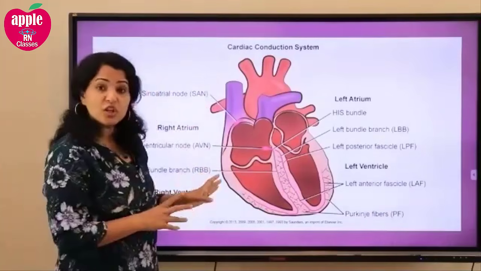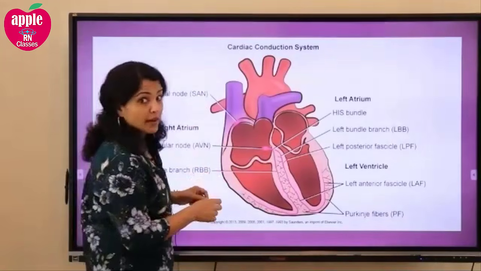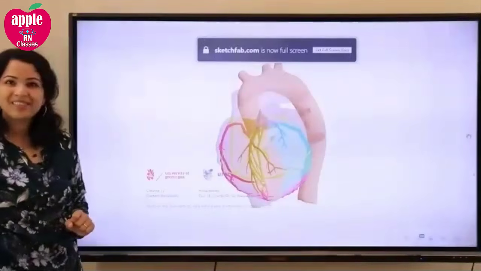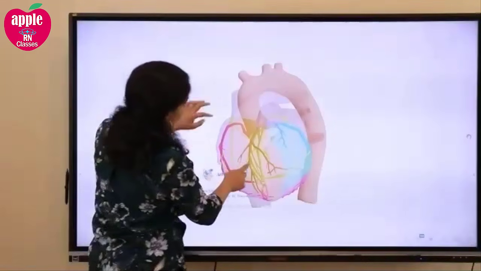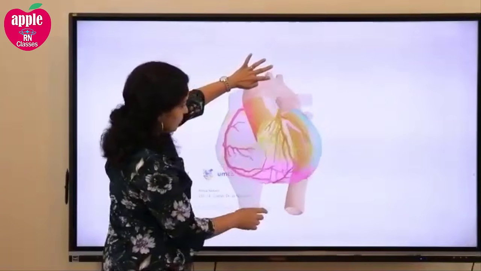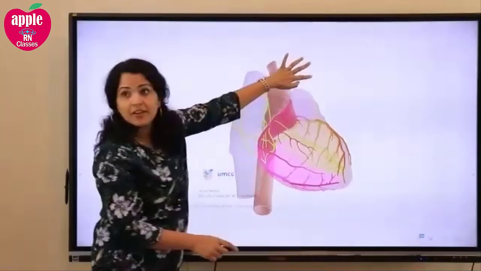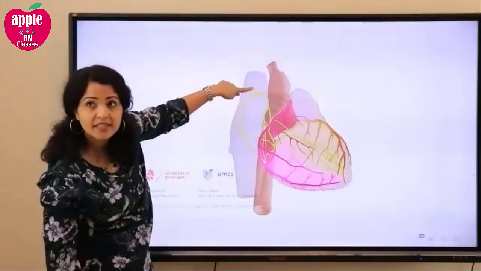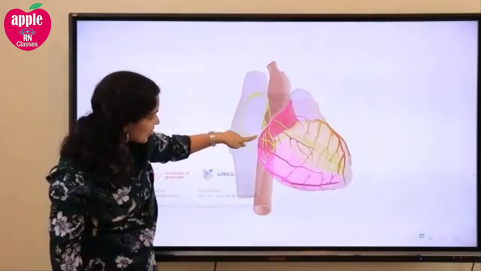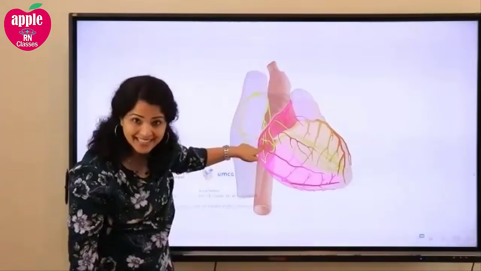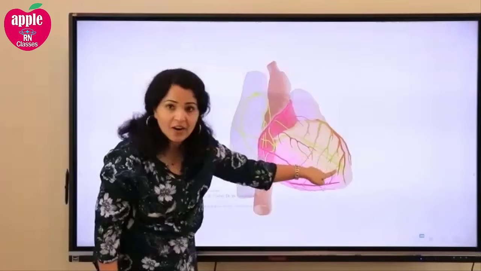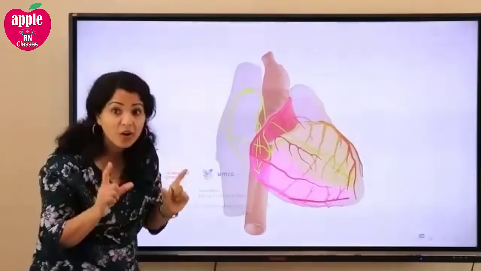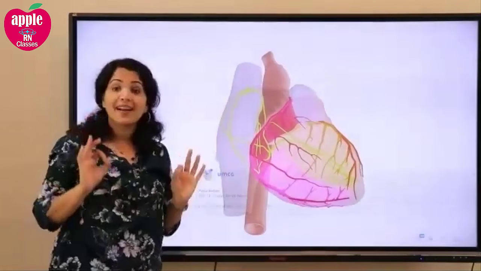This is a picture, but I'm going to show you a 3D model, which will show a little bit more. In this one, you can see how the conduction system goes. The yellow lines represent our conduction system.